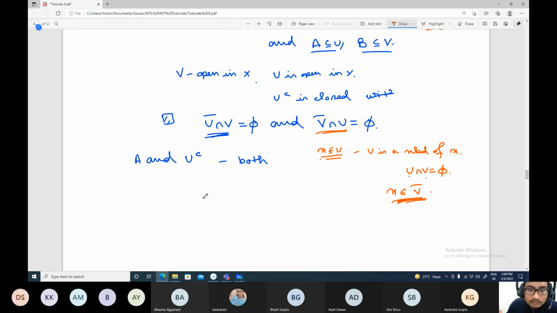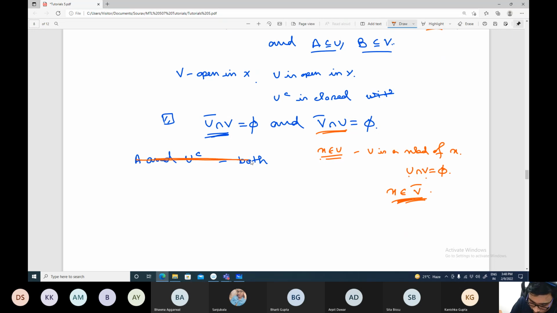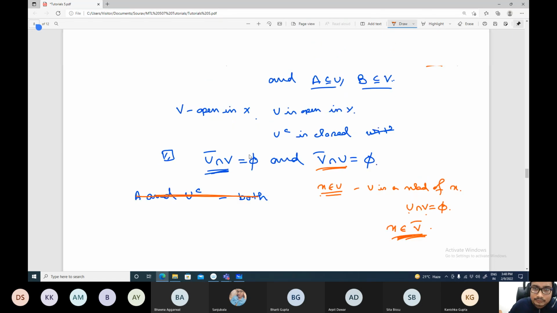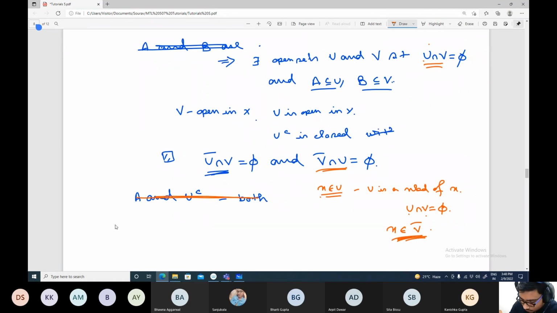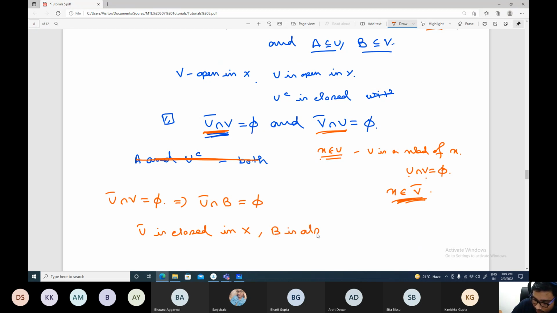Now look at this one. U bar intersection V is equal to phi, and this implies U bar intersection B is also phi because B is a subset of V. Now U bar is closed in X and B is also closed in X, and X is normal.